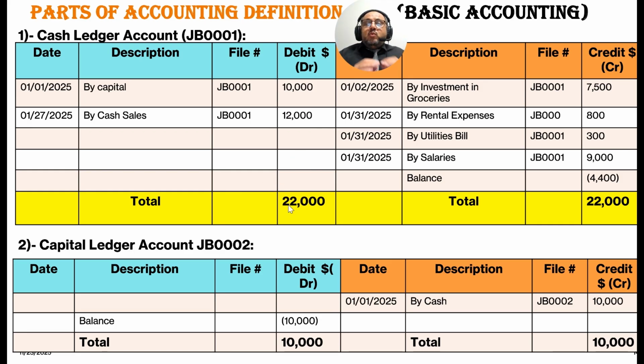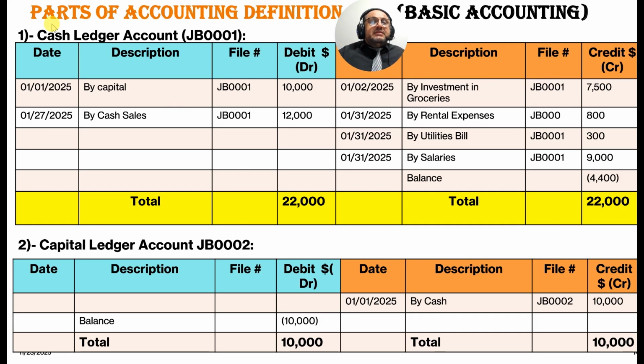Just remember, while transferring the debit amounts and the credit amounts of ledger accounts to the debit column and credit column of the trial balance, always transfer the total amount. And one more thing to remember: according to the law, there are two laws of the ledger accounts, which I have already explained to you.